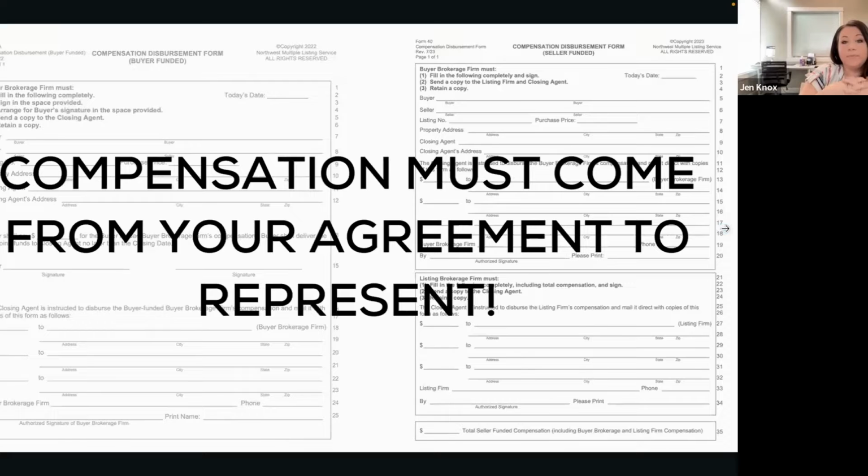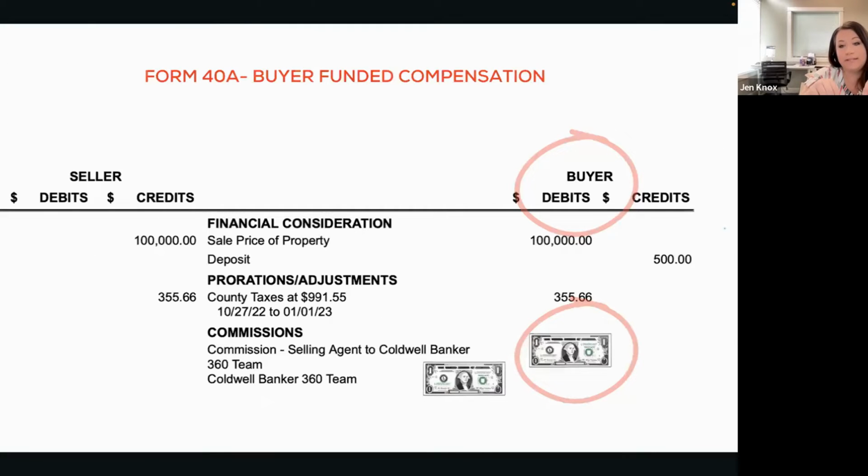So remember, compensation has to come from your agreement to represent, but when you look at your closing statement, remember who is paying what. So this right here is an example of a buyer-funded compensation. It will show up on the buyer's side, and the numbers will be in the debit category, as well as the amount of money being offered to that broker.